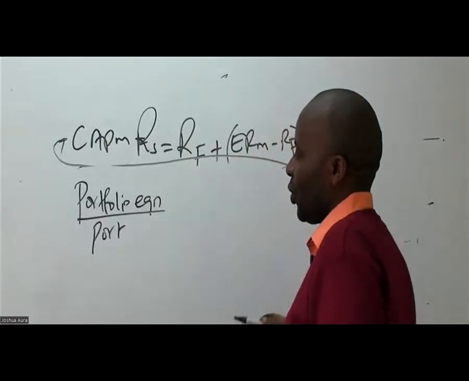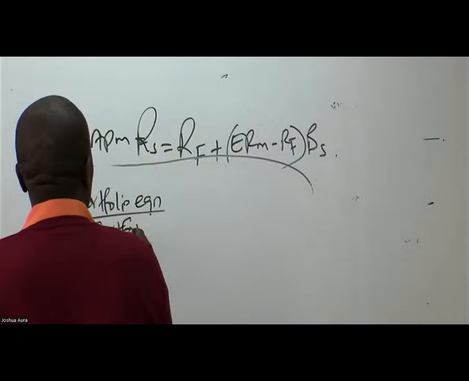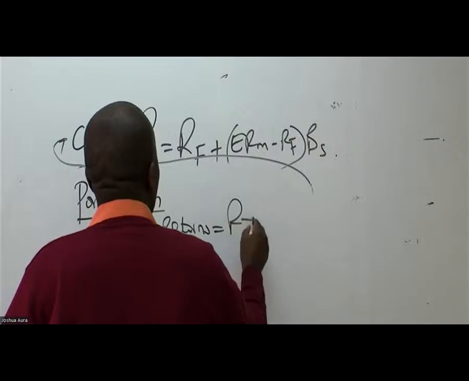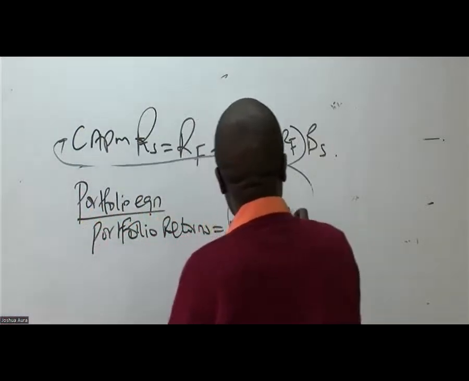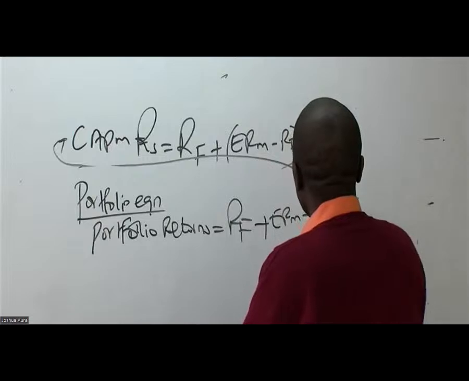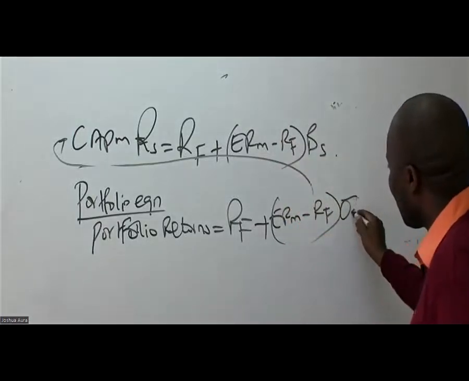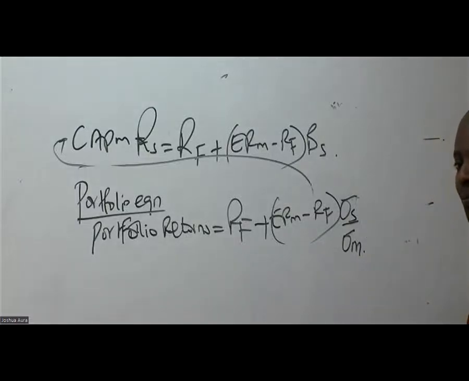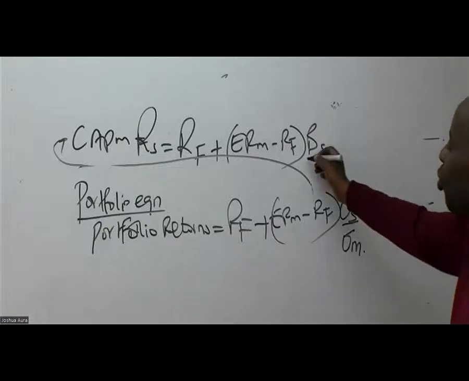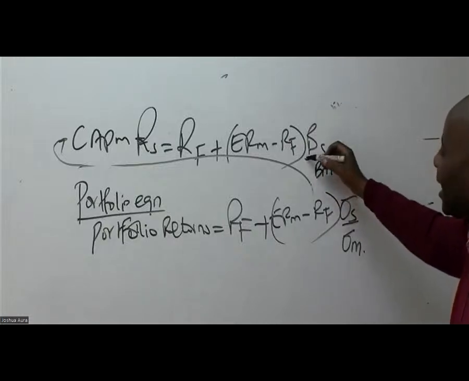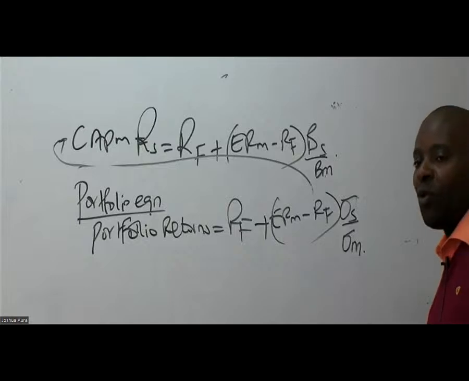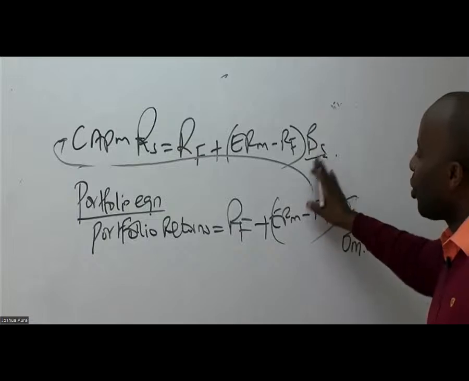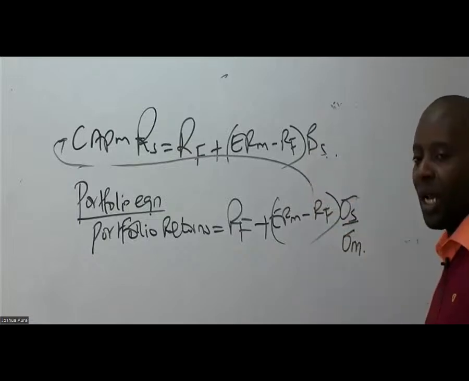So the portfolio returns will always be equal to risk-free plus ERM minus risk-free multiplied by standard deviation of S over standard deviation of the market. By the way, there is also the beta of the market, but remember that the beta of the market is always 1. That is why we disregard that beta.